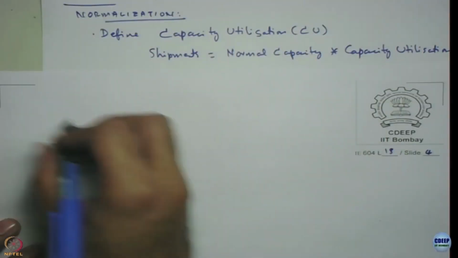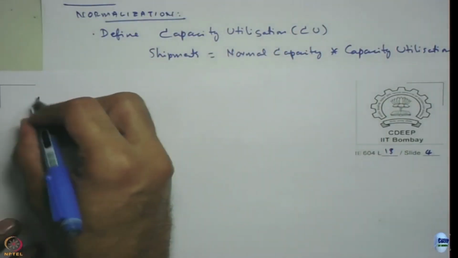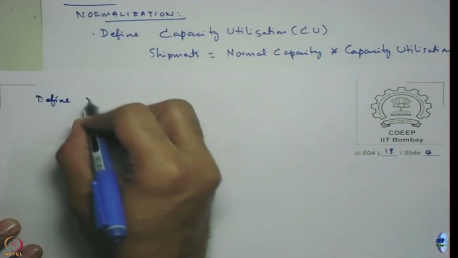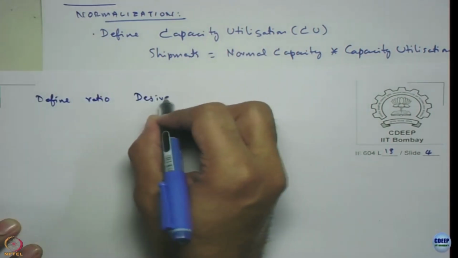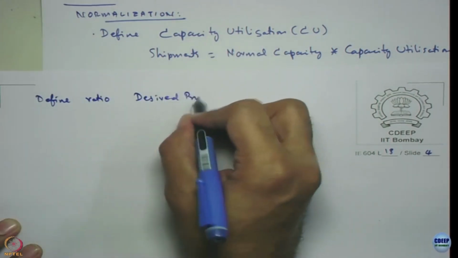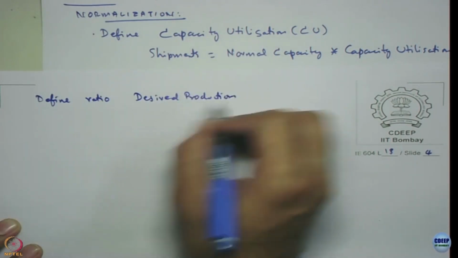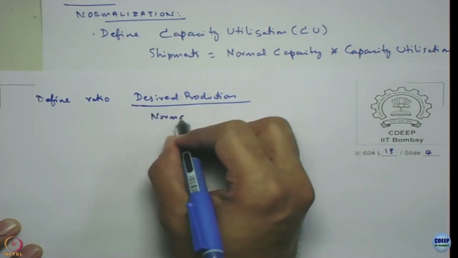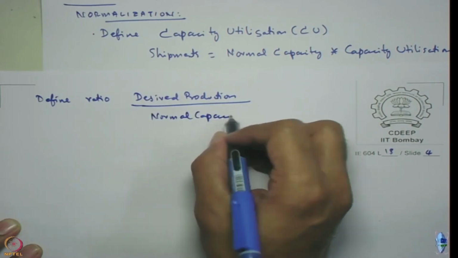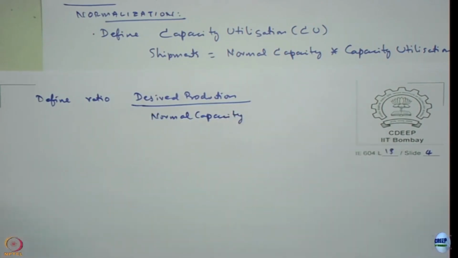So, now let us define the ratio of desired production divided by normal capacity. This ratio you can come up with some name. So, why are both different?